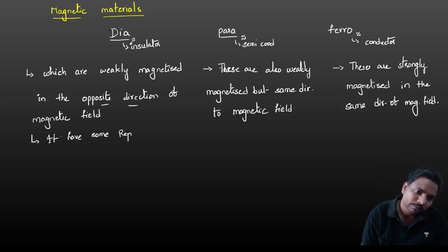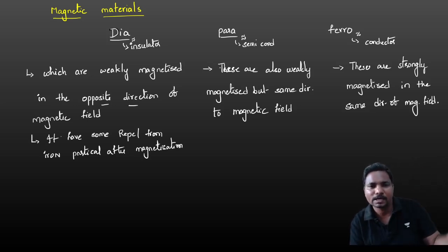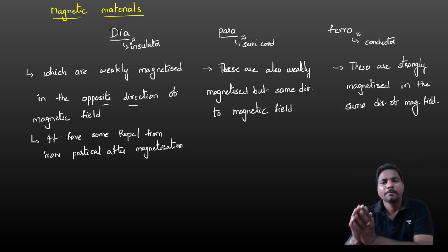Some repulsive force, some repel from the iron particle after magnetization. So diamagnetic materials are weakly magnetized. Para also weakly. Ferromagnetic materials strongly magnetized.